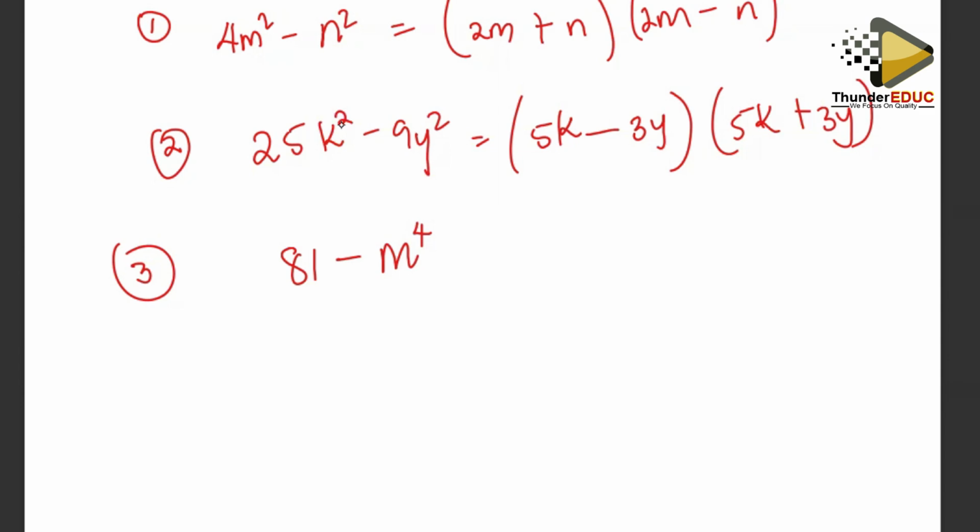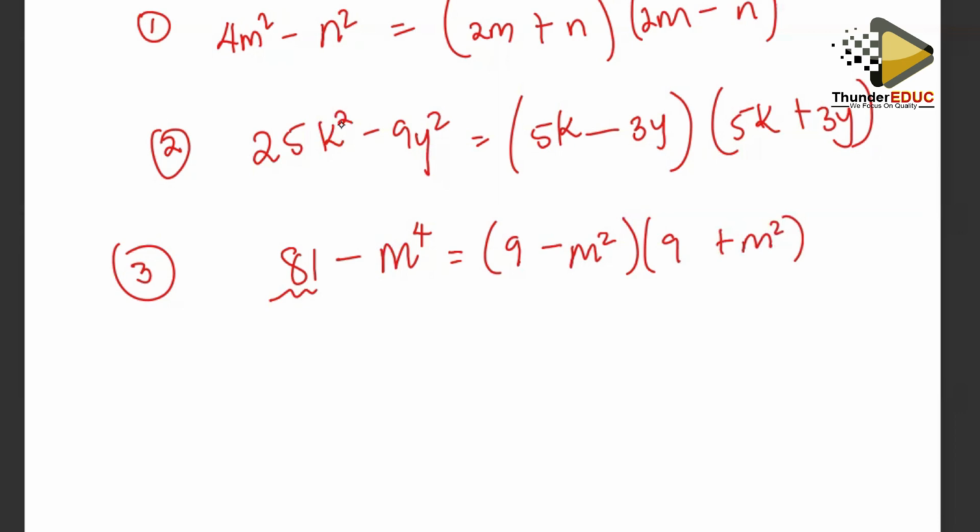So with this, for as long as the exponent is an even number, and the other term or number, we can also find the square root, then automatically the difference of two squares can be applied. So if I break this down, remember we said we're using square roots. The square root of 81 is 9. The square root of m to the 4 is just going to be m squared. Then a 9 plus m squared.